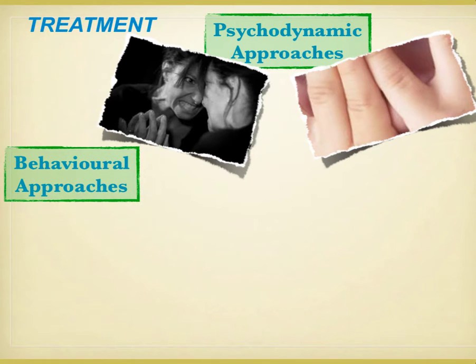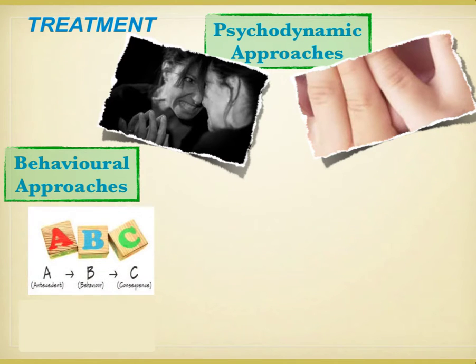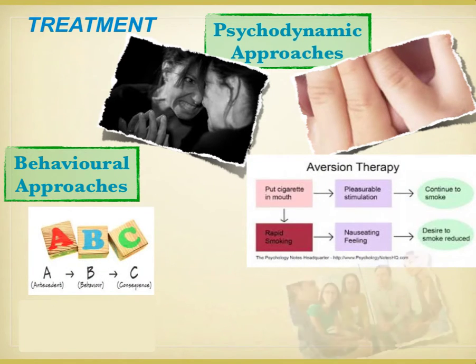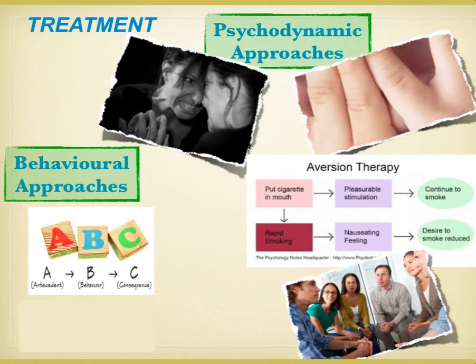The behavioral approach focuses on changing problem behaviors through such techniques as self-control training, using an ABC strategy, aversive conditioning, and skills training approaches, learning alternative ways to deal with those things that are tripping you up towards alcohol or drug abuse.